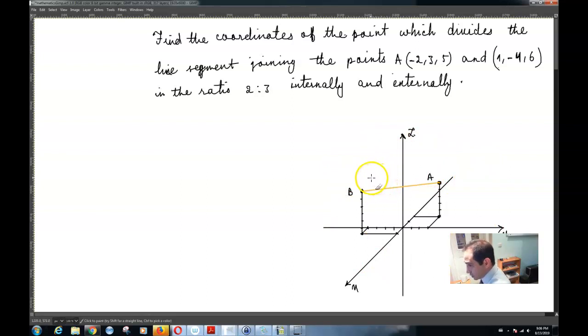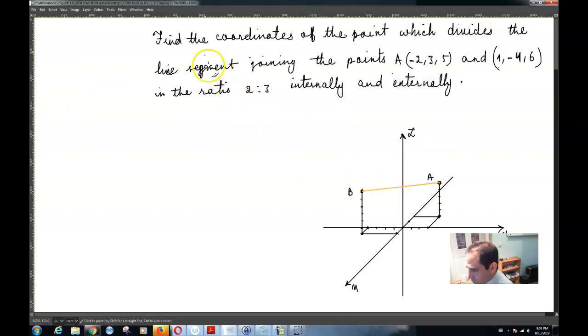So let's solve the first part of the problem, and then I'll show you how you can make sense of the whole situation. So you're looking for the coordinates of the point which divides the line segment joining these 2 points A and B in this ratio 2 to 3.